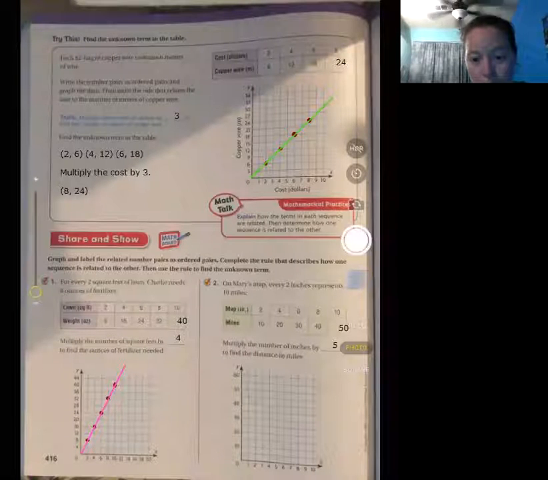Go over to the 2, up to the 10. Over to the 4, up to the 20. Over to the 6, up to the 30. Over to the 8, up to the 40.